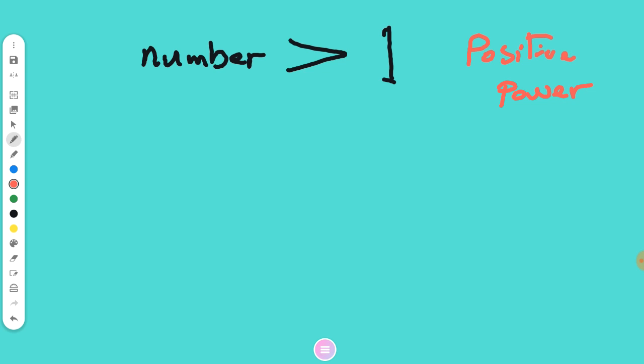So 10 to the positive 1, positive 2, as you saw. If the number is bigger, it will be 10 to the power 10, something like this.